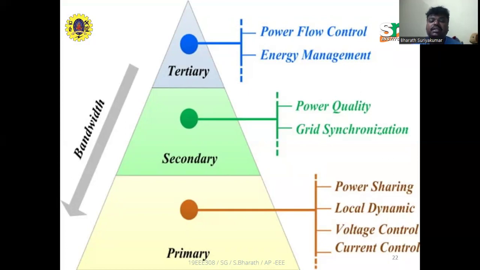What is taking place in the secondary control? It looks at grid synchronization and power quality. And finally, in the tertiary control, the bandwidth reduces further. Power flow control and energy management alone take place, monitored by the tertiary control system. This triangle shows what the primary, secondary, and tertiary control deal with.